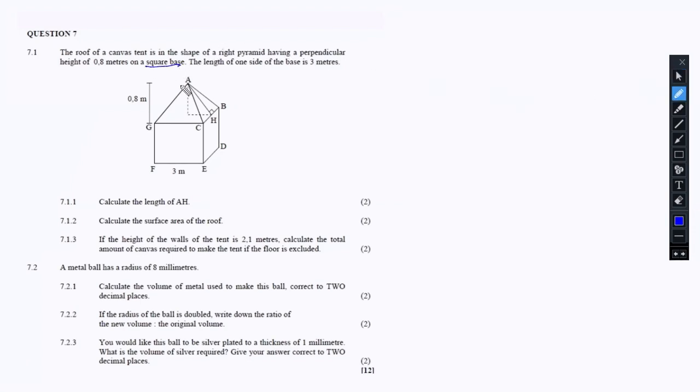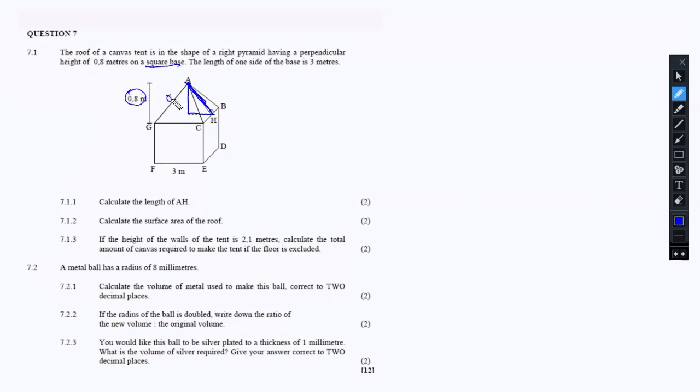As you can see here, we are not given even one formula. So meaning everything that you have to calculate here, you have to be sure about the formula. Then 7.1.1 says calculate the length AH. This is the AH. And then as we can see, the AH is actually the slant height, right? So we can see that right angle triangle being drawn there. So this height that you are seeing here is the perpendicular height. It is similar to this height here.